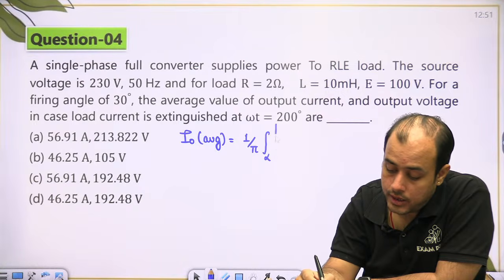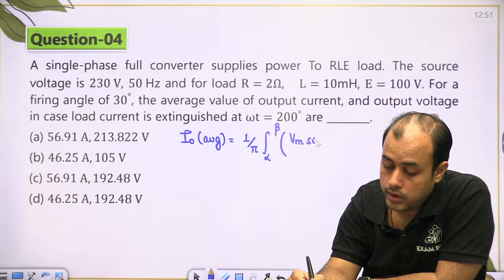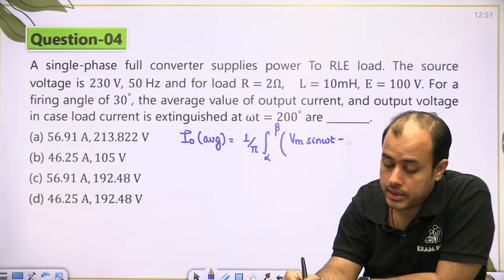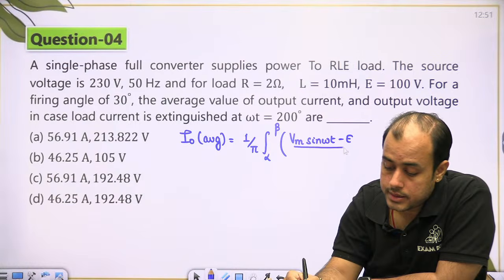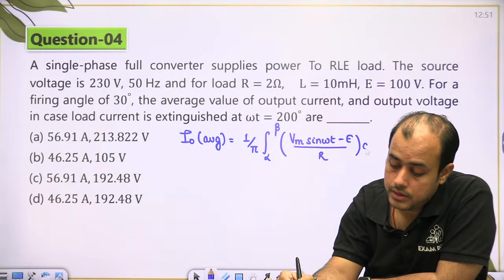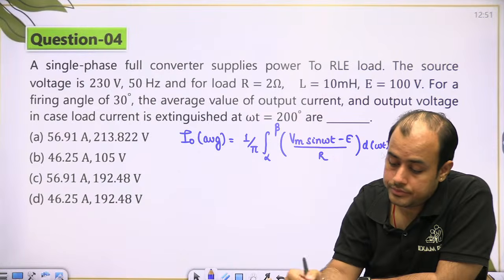Now you know alpha as well as beta, will apply Vm sin omega t minus E by R d omega t.